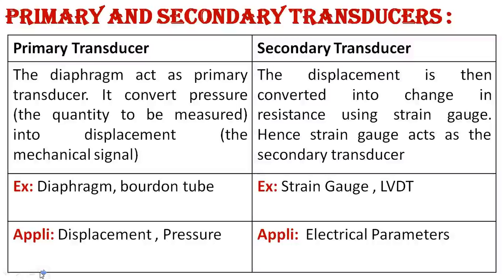Primary transducer examples are the diaphragm and Bourdon tube, which sense pressure and convert it into displacement. Secondary transducer examples are the strain gauge and LVDT, which sense the displacement and convert it into voltage, current or resistance. The primary transducer is used for displacement and pressure, and the secondary transducer is mostly used for electrical parameters.